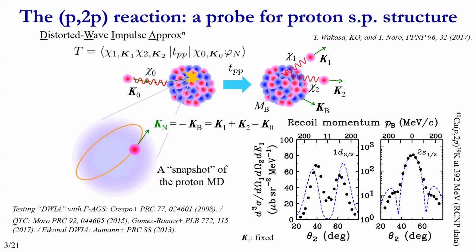Basically it depends on the reaction region. When we knock out a particle from the very nuclear interior part, the in-medium modification should be necessary. But at the same time, the distortion or absorption effect becomes large, so such a component would not appear in the end.